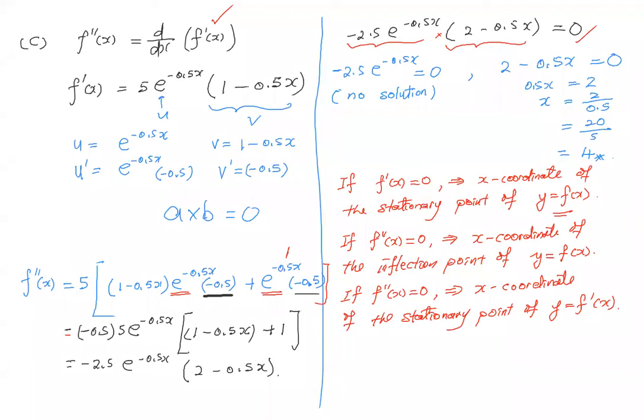So inflection point of this one, but stationary point of a different thing. Look carefully. Later in chapter 3 you will draw the graph of f prime x as well. For this case, I will not. I will just let you know. So this is the inflection point. When you talk about sketching the graph for this function, you can use your graphic calculator to help you. But exam, I will not ask. SAT one, no such thing. I just let you know a bit more.